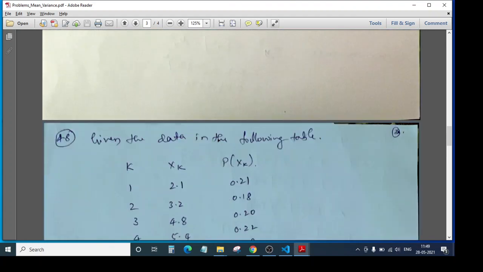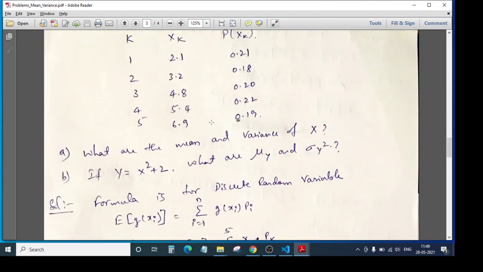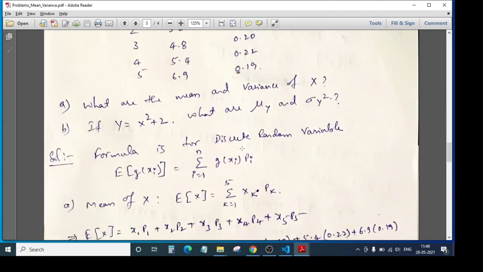One small change between these problems and this problem, friends, is that here we have the values. Therefore we need to use the formula for a discrete random variable. Whenever we say discrete random variable, we will have a summation sign. So this is nothing but your LOTUS rule.